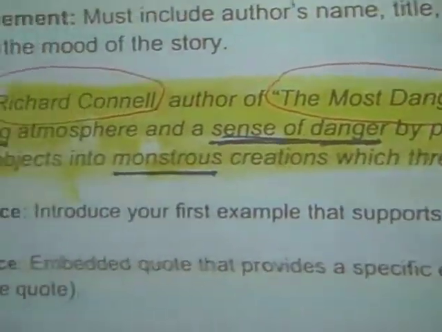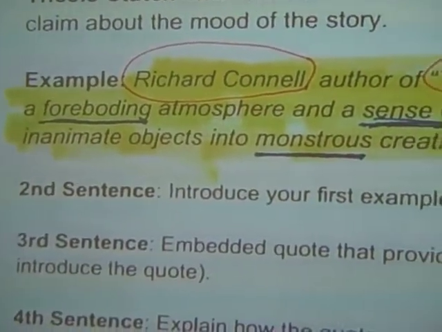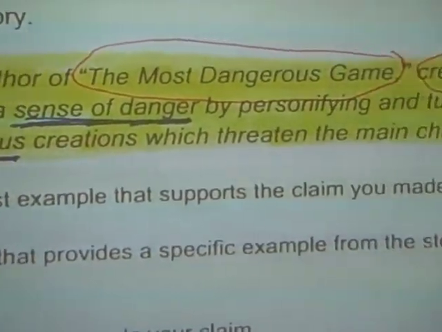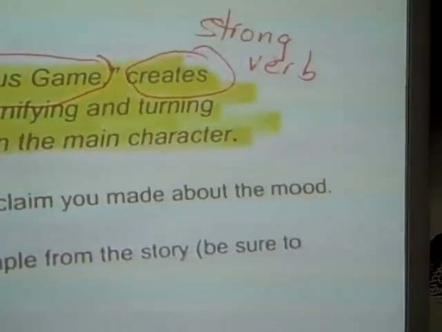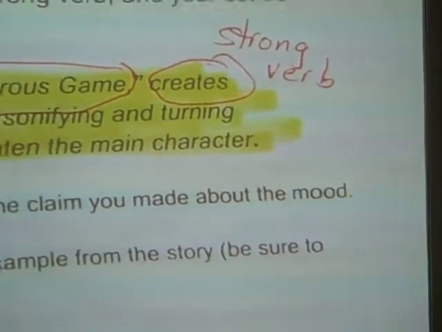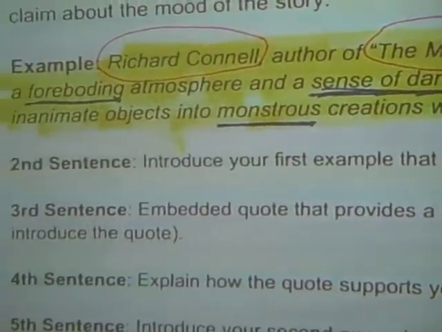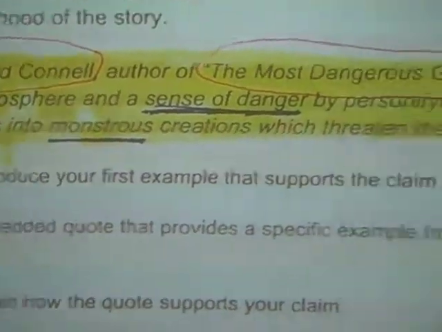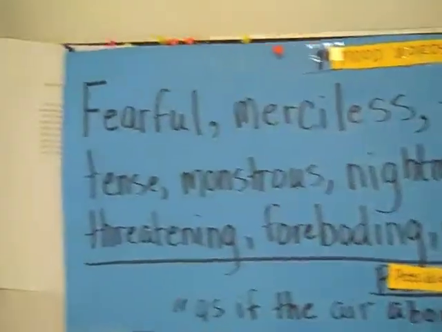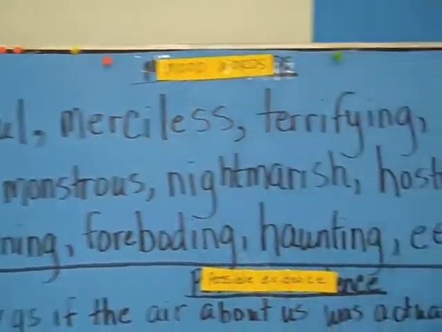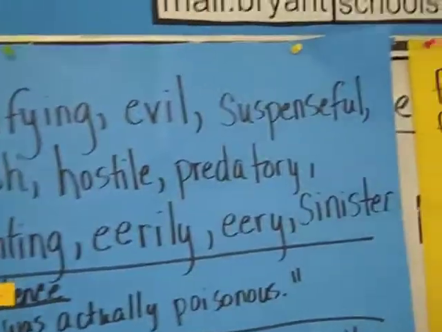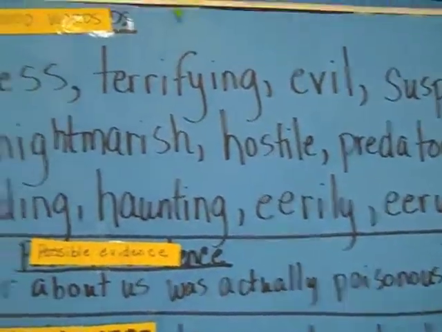Some of you had trouble with sentence 2, in which you introduce your first example that supports the claim you made about the mood. And then you went on to have trouble with the embedded quote. So we went over how you do this over here on the board. So let's look. First, we made a list of all of the mood words that you guys came up with the day before when you did your presentation.